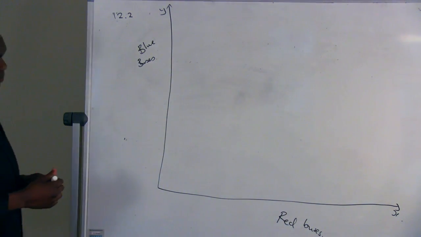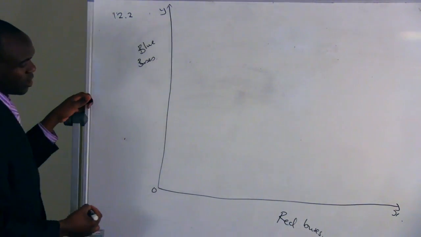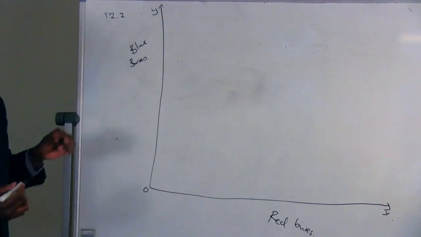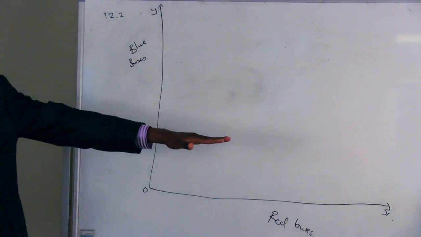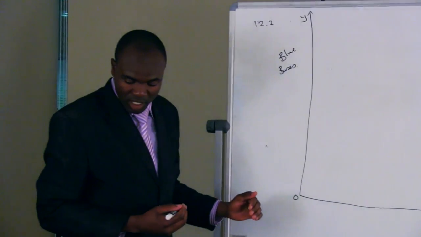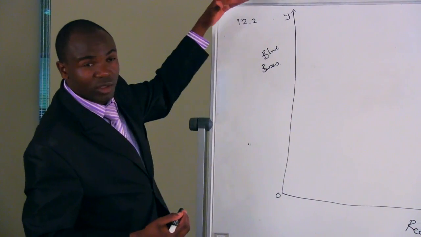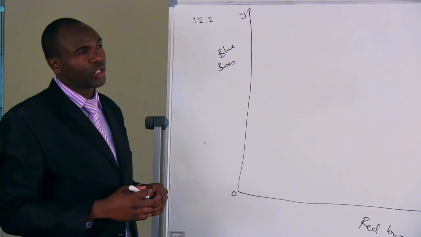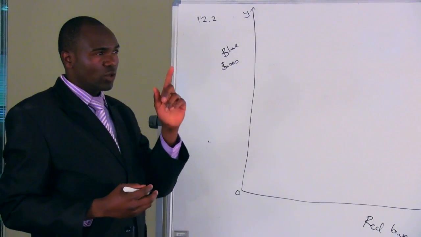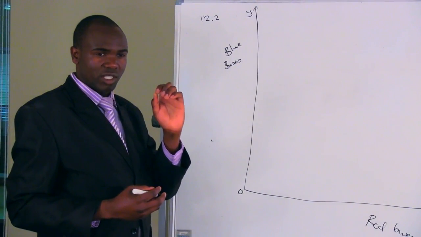Alright, now this is 0. Okay, but we can just use the scale that they use, 1 up to 30 according to the graph, and also 1 up to 22.